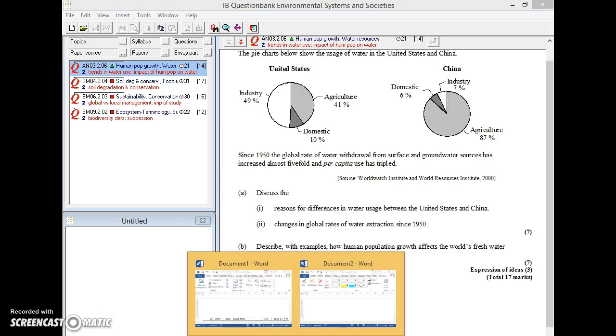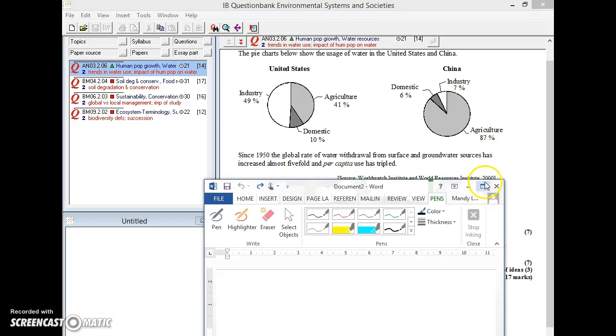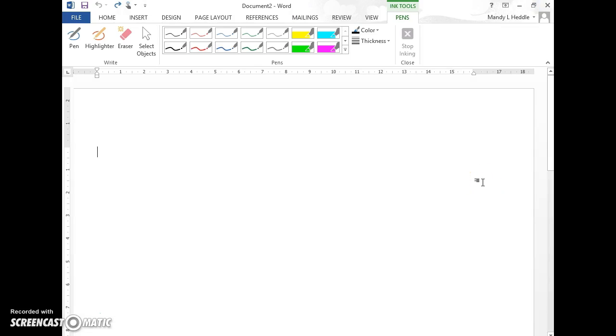Okay, so I'm going to go over to a blank document here: discuss with examples how the world's population affects the world's freshwater resources. So first of all, I'm thinking population. And population is quite high and increasing.